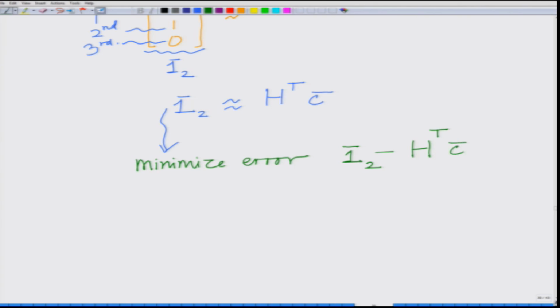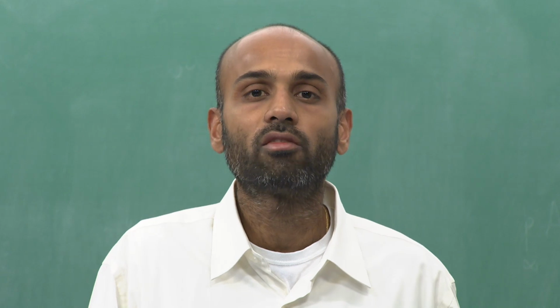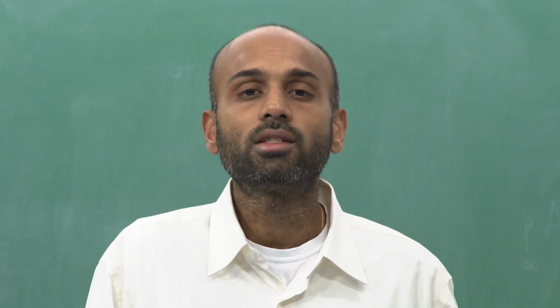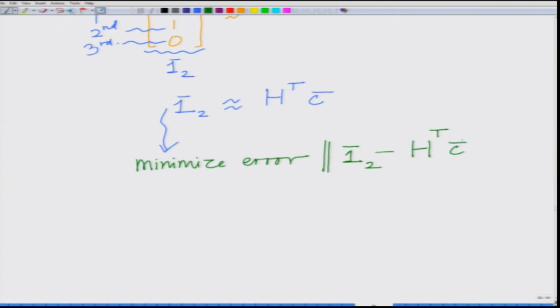Of course, 1 bar 2 is a vector, H transpose C bar is a vector. So, when I say minimize the error, since this is a vector, I have to look at minimizing the norm of the error, or the squared norm of the error. If I minimize the squared norm of the error, it is the same thing as minimizing the norm of the error. So, basically that now gives rise to the least squares cost function, and that is it.